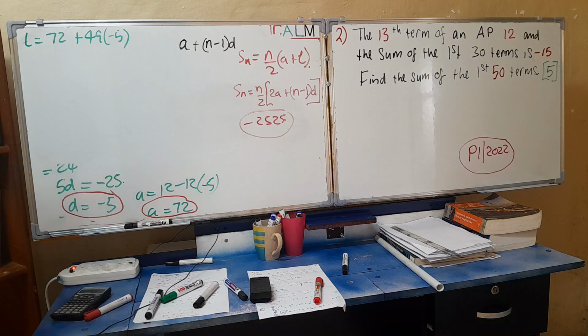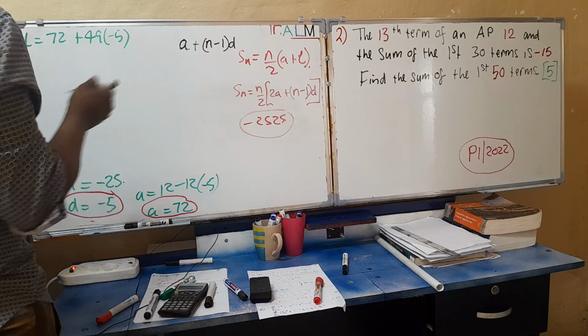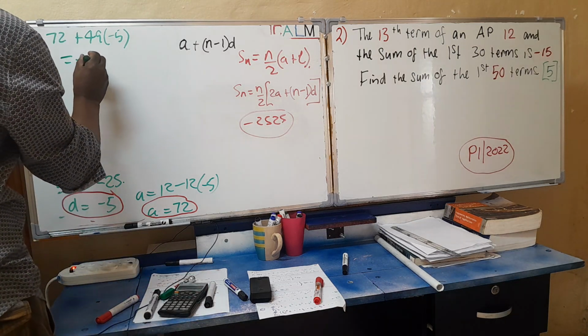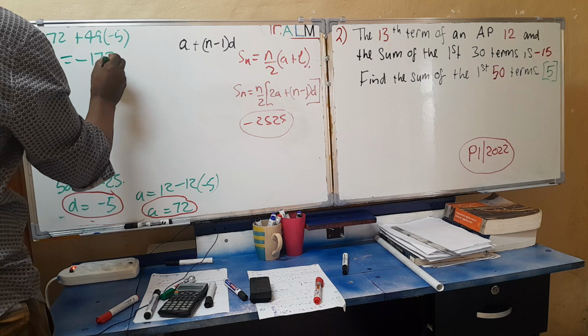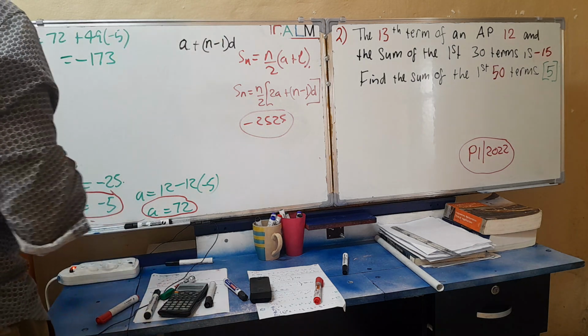Let's see what we get there. L is what? 49 times minus 5, which is minus 245, plus 72, which is minus 173. L is minus 173. Let's plug it in there.